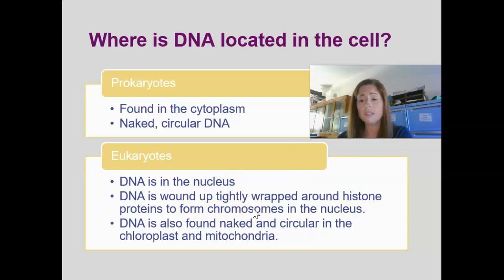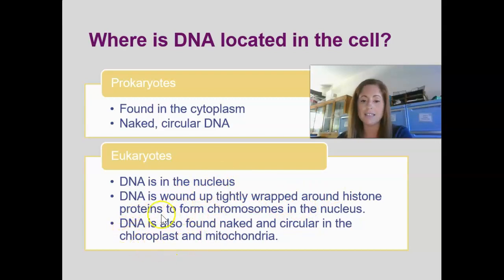In humans, we have 46 chromosomes in every cell in our body, but every organism has a different number of chromosomes. For instance, a fruit fly has 8 chromosomes, wrapped up around these histone proteins.